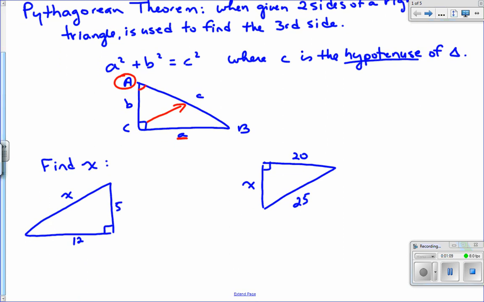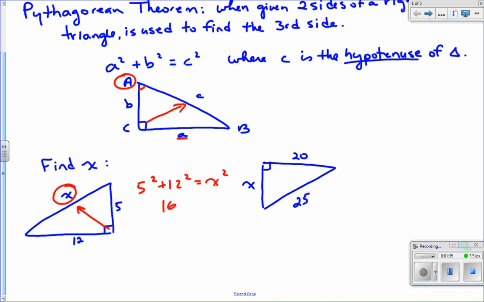So in the first one here, it's a good idea to get in the habit of drawing an arrow to where your hypotenuse is. It helps you to recognize how to use the formula. So x is the hypotenuse that we want to find, so it represents the c squared in the formula. So 5 squared plus 12 squared equals x squared.